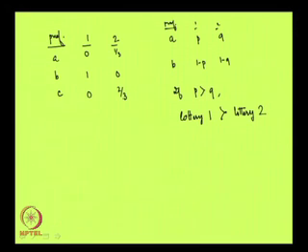Now, can we say for certain whether 1 will be preferred to 2 or 2 will be preferred to 1? We cannot know if we do not have any further information regarding players' preferences.